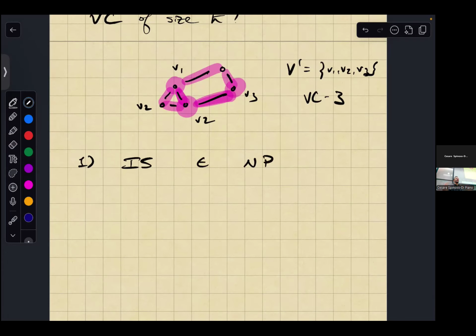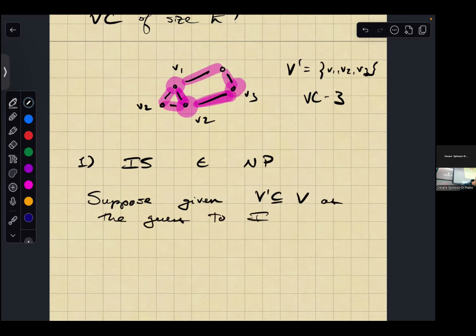And to do this, essentially what you need to do is show that if you had a guessed solution for the independent set problem, then you could check it in polynomial time, right? So suppose I'm given some subset V prime of V as the guess to the independent set of size K. How do I check if this is actually a yes instance?